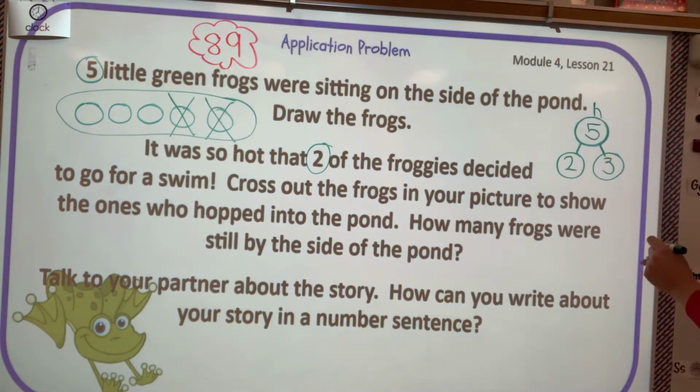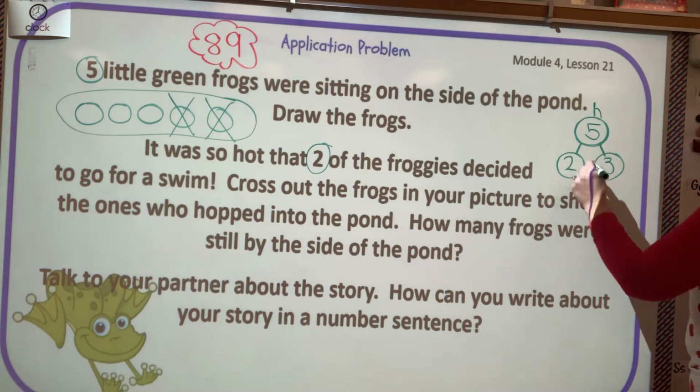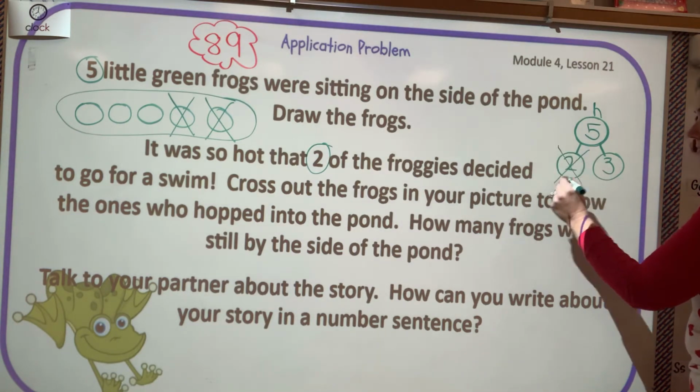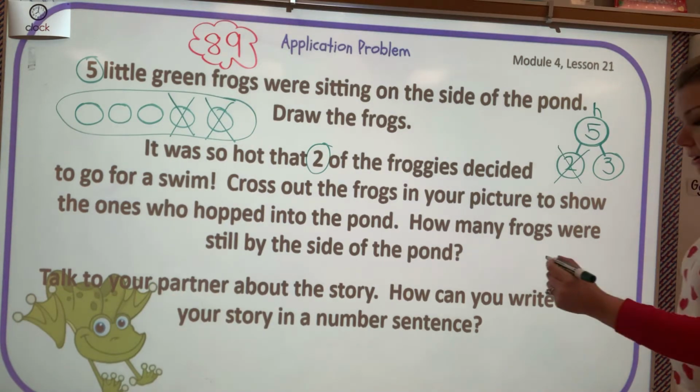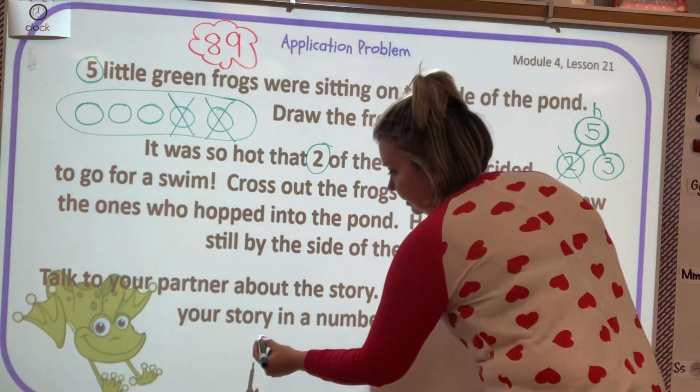So I like to do this on a number bond when I take away. That lets me know those are the 2 that I took away. Now I've got to write my number sentence. So here's how I do it. My number sentence is down here at the bottom.